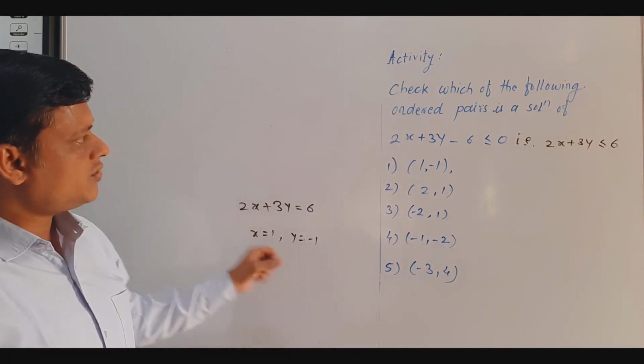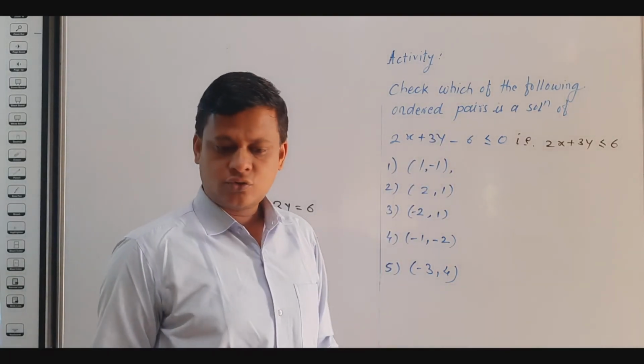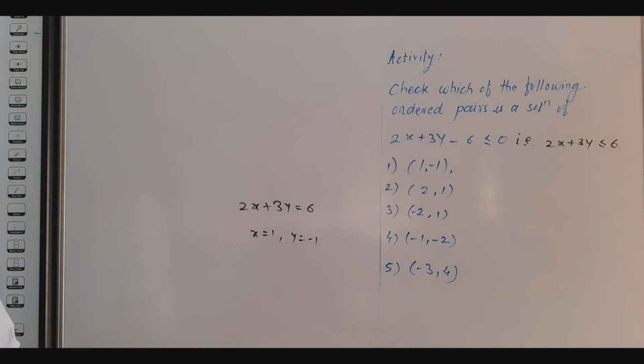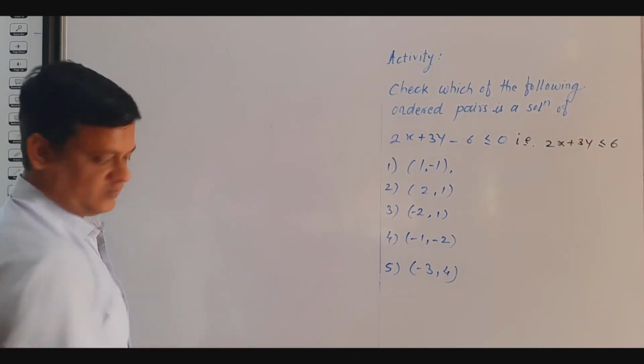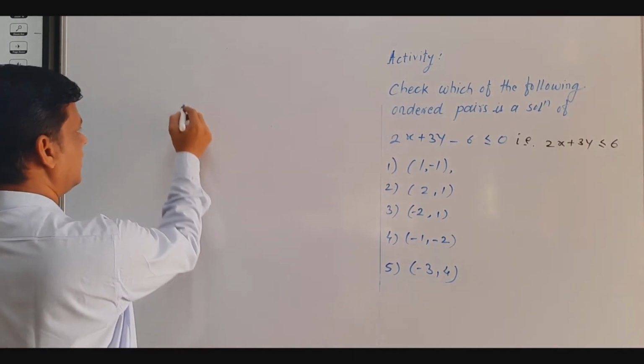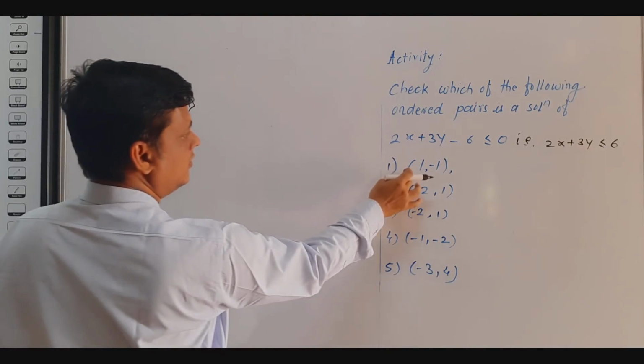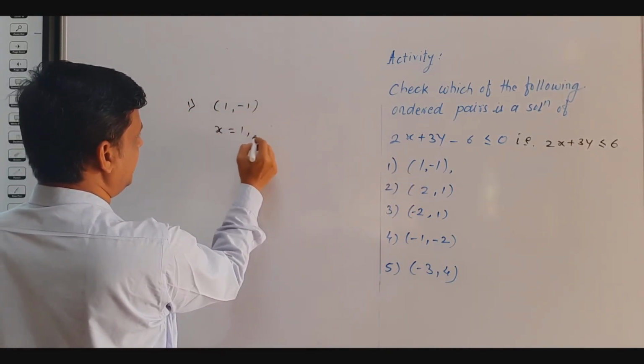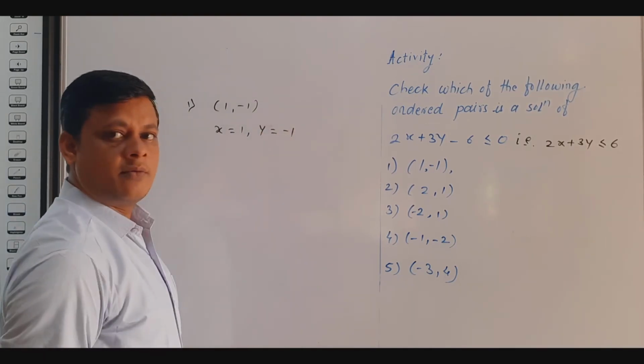Here it is the same, we have to check this inequality. So we take the first ordered pair 1, minus 1. That means x is equal to 1, y is equal to minus 1.